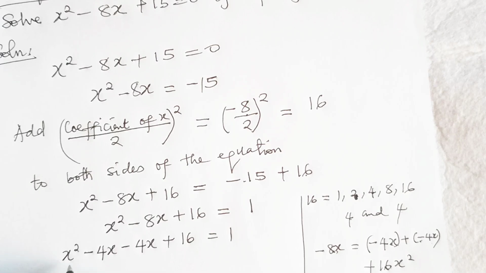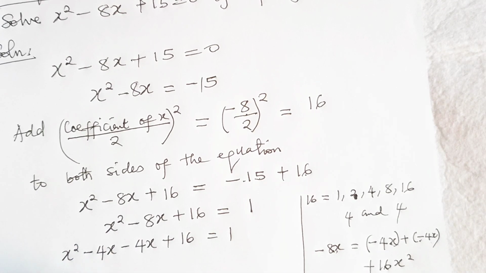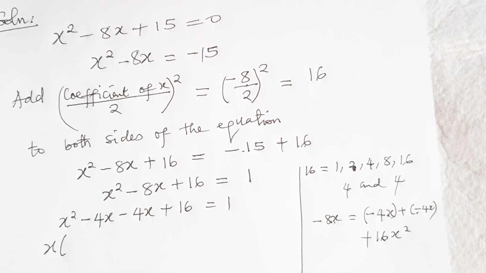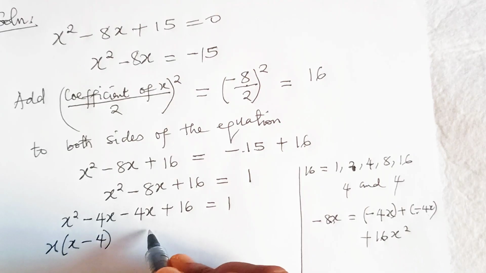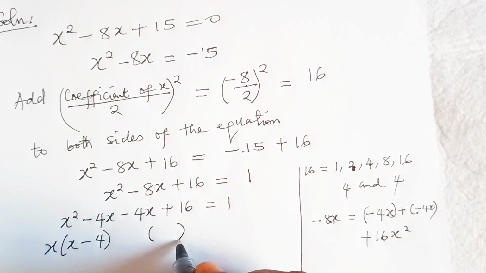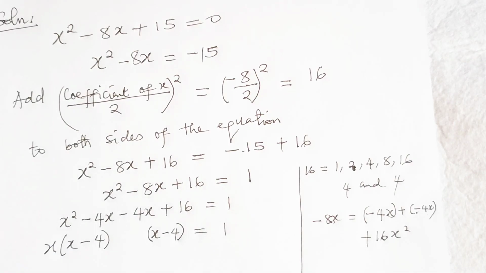Between x squared and minus 4x, x is common. Also, between 16 and 4, the common term is 4. So I'll write x into x minus 4. I'm going to repeat this bracket here, x minus 4 equal to 1.